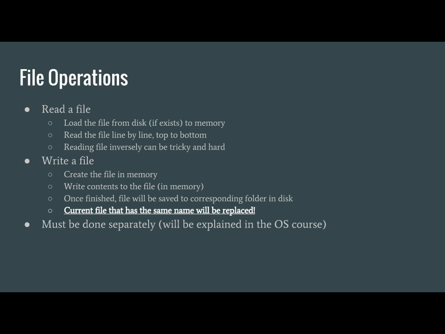And one important thing you need to know is that if you save the file you created in a folder that already has a file with the same name, the file will be replaced by the new file. So be careful with that.